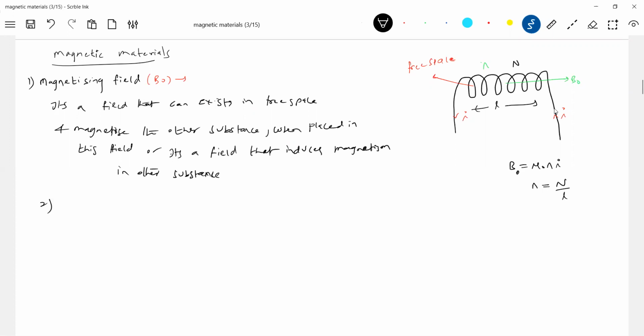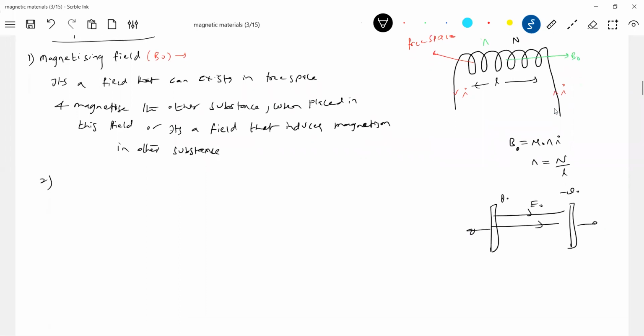Okay, after this, magnetic induction. You go back to electrostatics. There's a capacitor plate. Just correlate things, it is a little bit easier for you. There's an E naught, no? Now I'll bring a dielectric slab.